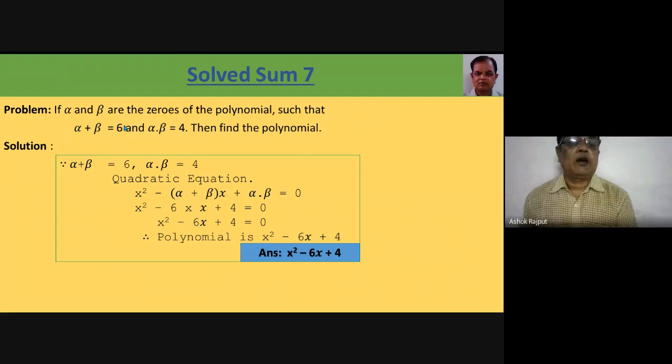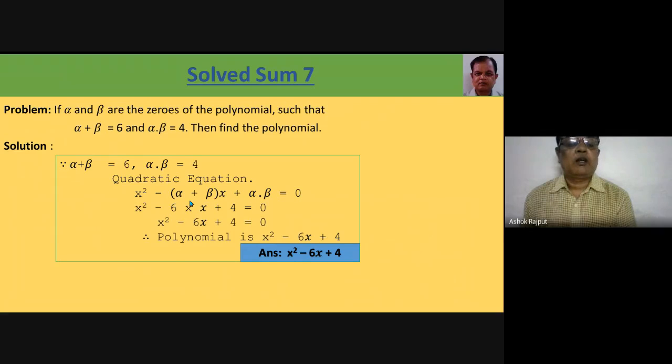The problem is this: if alpha plus beta and alpha into beta are given, then you find the polynomial, because we know the polynomial will be x square minus (alpha plus beta) into x plus alpha into beta equal to 0.